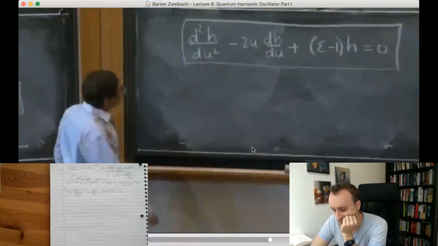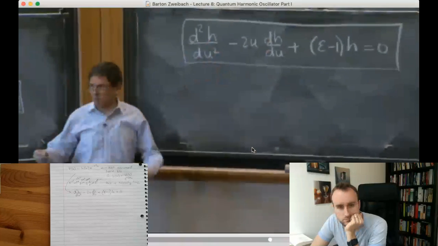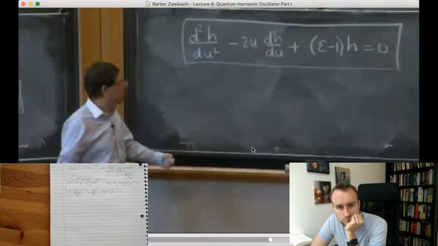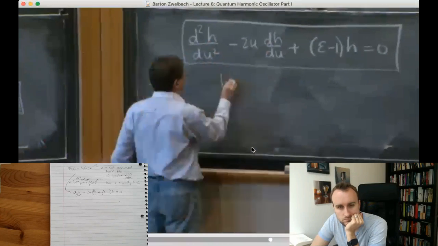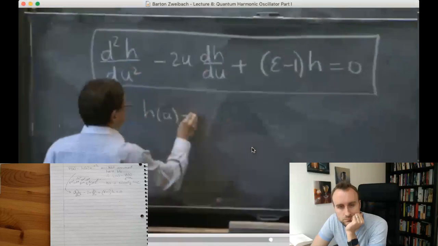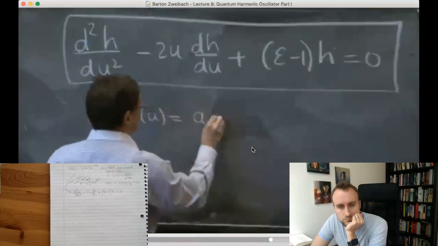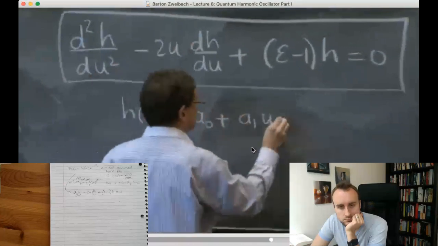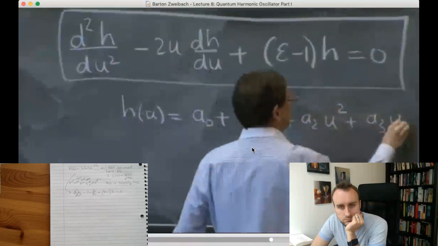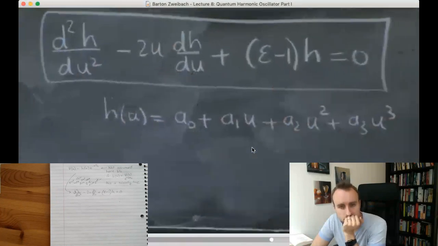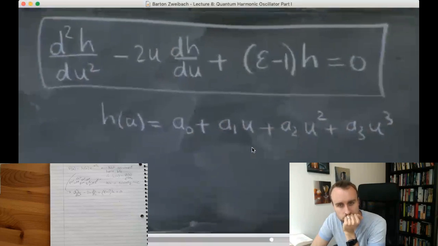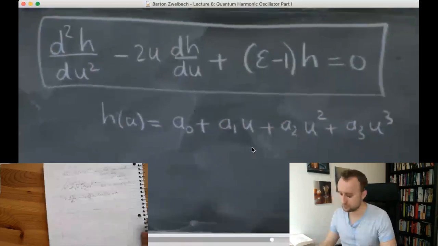Now, you could do it by hand first, and I did it when I was preparing the lecture yesterday. I said, I'm going to just write h of u equal a constant A0 plus A1 u plus A2 u squared plus A3 u cubed. And I plugged it in here. And I just did the first few terms and tried to see what happened.